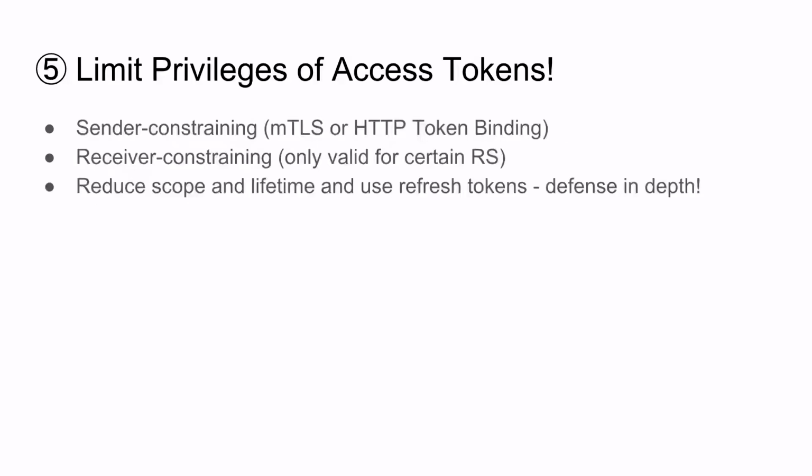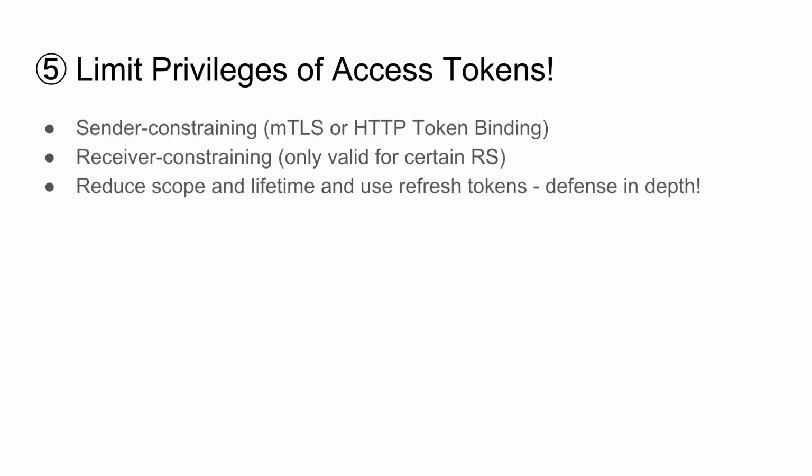Okay, fifth one, limit the privileges associated with access tokens. We have seen sender constraining so that not anybody can send the access token. You should also do receiver constraining. Limit the access token to be valid at one single resource server only, so that if one resource server becomes compromised, it cannot just use the access token somewhere else. And of course, try to reduce the scope and the lifetime that is associated with each access token.